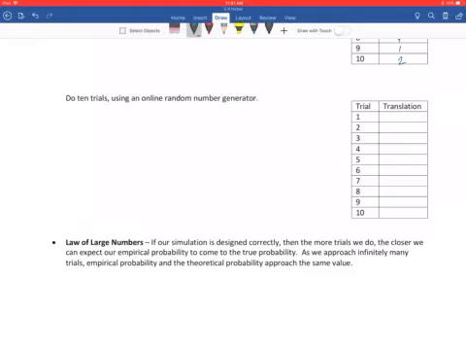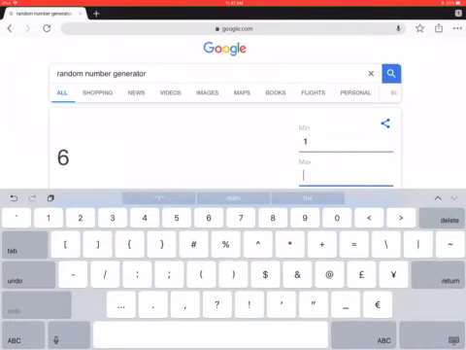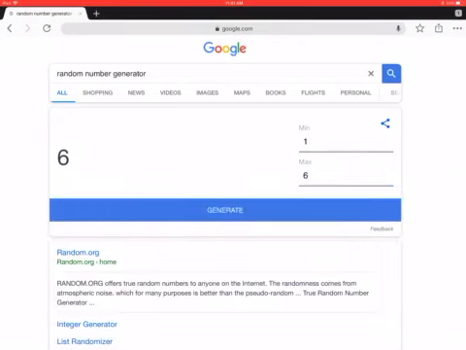Okay, let's do it again, and let's use a random number generator online. I literally just Googled random number generator, and one pops up for you. Here you can change what you want your numbers to be, so you don't have to skip numbers that don't make sense. So we can just say, do this 10 times for me, and let's record the numbers that we get back.